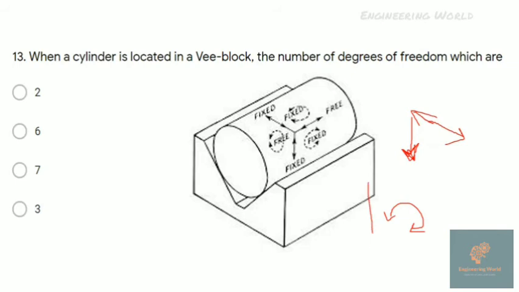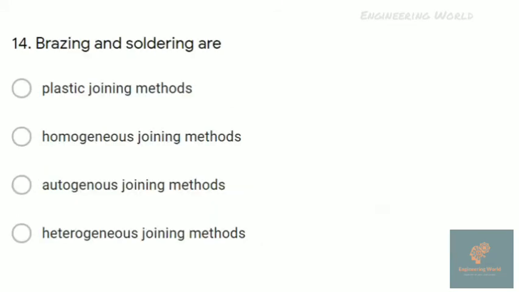Just see in the upper plane, this rotary movement is also restricted. If you consider this as a plane and view from the top, these two are restricted, and these two are also restricted. I have shown this fixed. Then total are 7: these two rotary, and 3 linear.